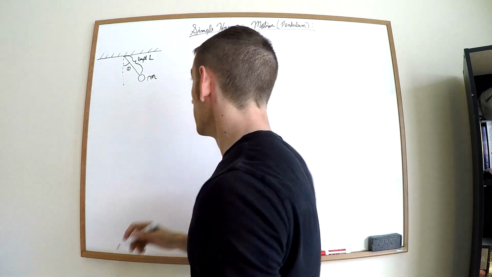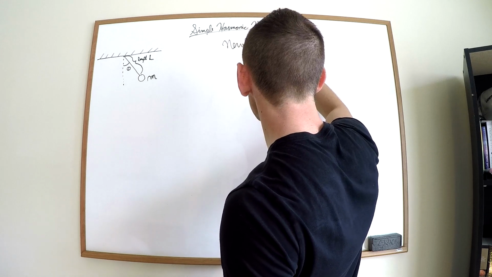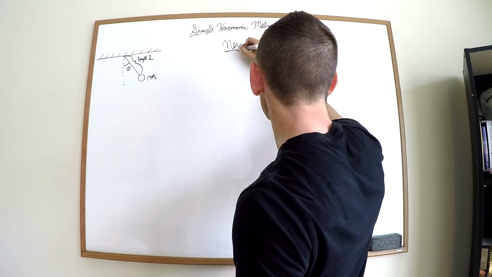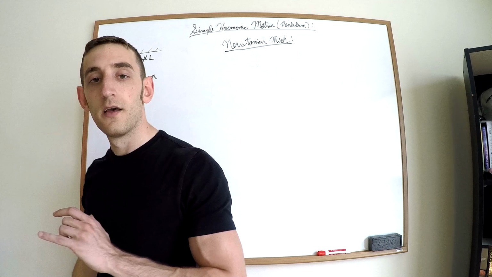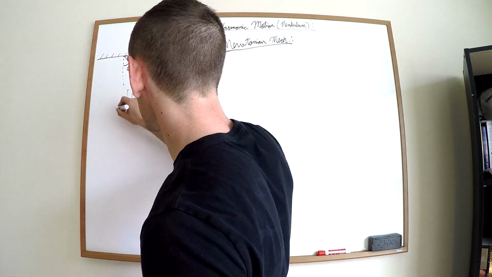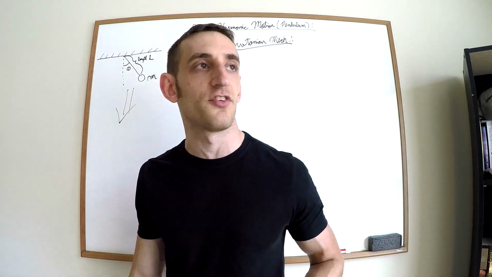Now, Newtonian method. You guys have all seen this problem before, I hope. First thing you do in the Newtonian method is you draw out your free body diagram, put in your vectors and all of your forces, right?